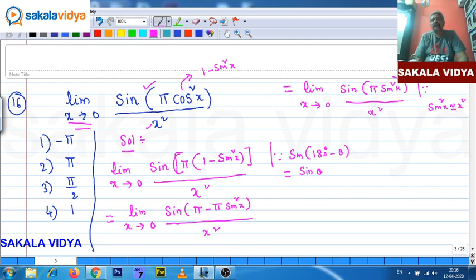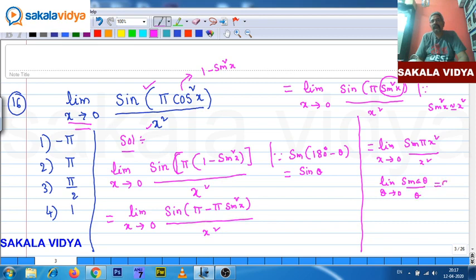Instead of sine square x you can write x square. Now this problem becomes limit x tends to 0, sine pi x square upon x square. Just like here, we have one formula we have discussed, limit theta tends to 0, sine a theta by theta is a, the shortcut. In the similar manner, in the place of a we have pi, so we get pi. So the second option is the right option.